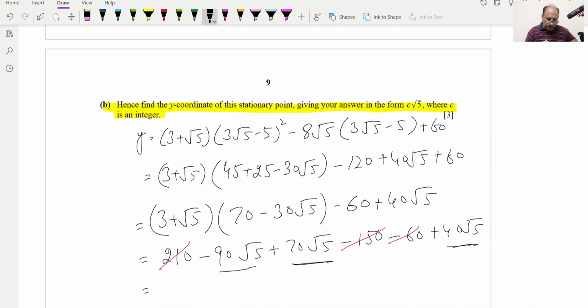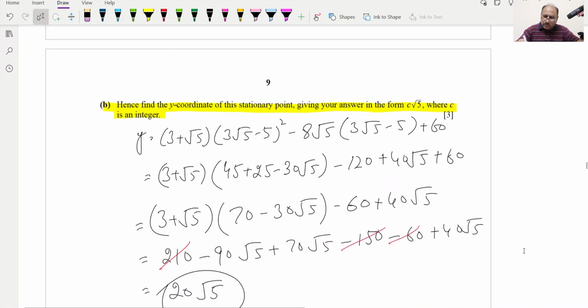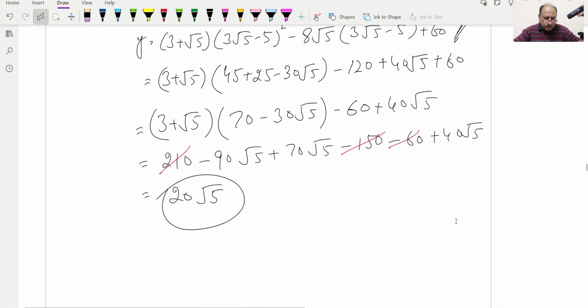So net will be 20 under root 5, a positive value. So this will be our final answer for this question. Hopefully you understood this. This was a 3-mark straightforward question part.